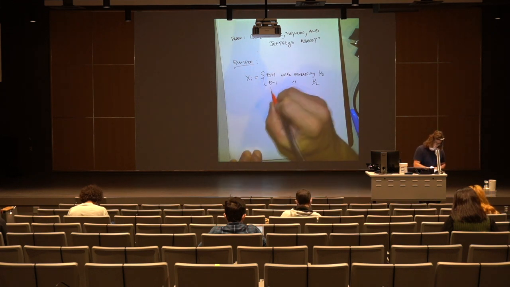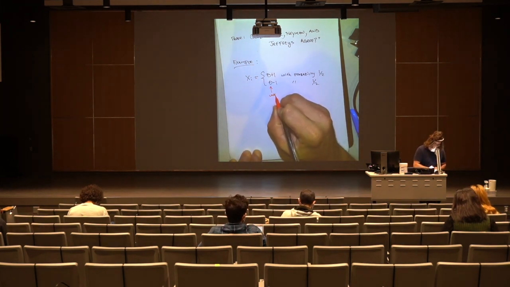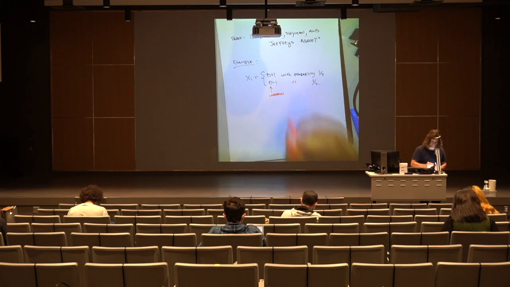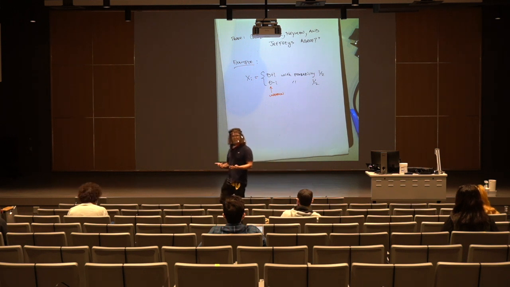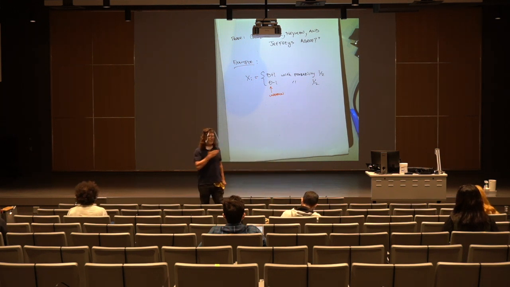Theta is unknown. You might think you know a lot about this distribution. You do. It's a Bernoulli coin flip. But I'm not telling you what theta is.